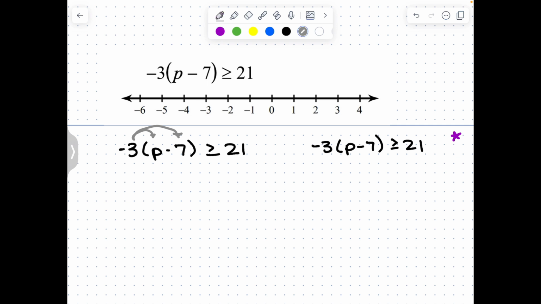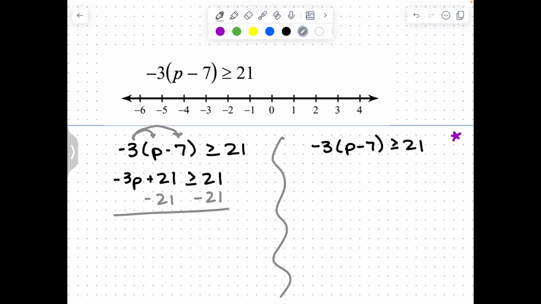So on the left, on the distribution method, we'll distribute in negative 3 times p. Then negative 3 times negative 7 is positive 21. Then I like to subtract the 21. So that does end up canceling on both sides.